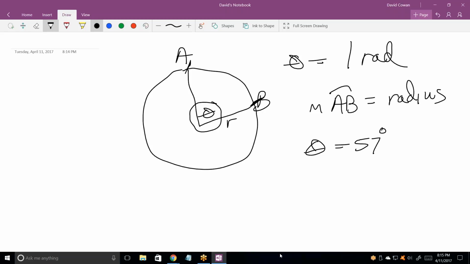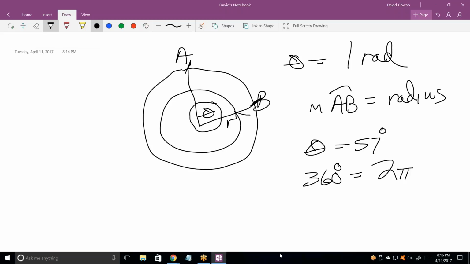What we know is that the entire circle, which we know is 360 degrees, is always equal to 2 pi radians. So that's an equivalent conversion factor. Pi is equal to 180 degrees, pi radians.